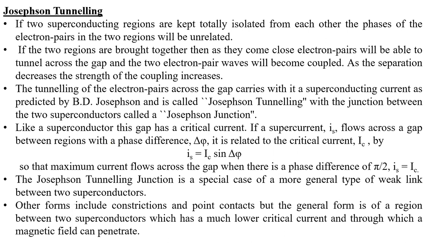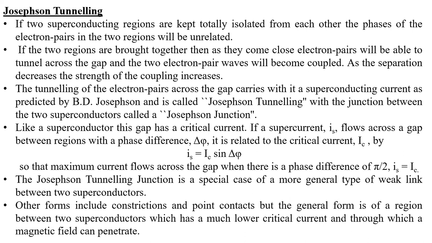What does this tunneling mean? If two superconducting regions, region A and B, are kept totally isolated from each other, then the electron phases in the two regions will be unrelated. If the two regions are brought together, the Cooper electron pairs will be able to cross the tunnel gap, and the two electron pair waves will become coupled.